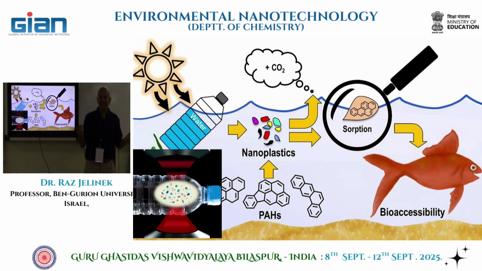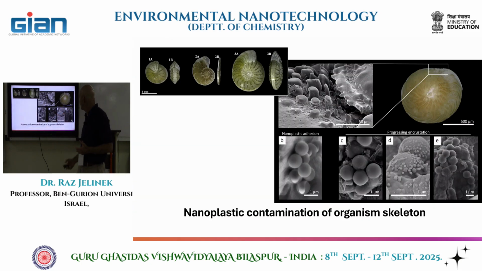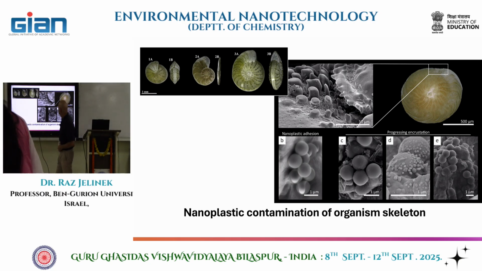Now, these days, when we take fish from the ocean, even far away from civilization, in the Pacific or in the Indian Ocean, we found that fish has microplastics in their bodies. This is, for example, shellfish. Something that we can find on the shore.